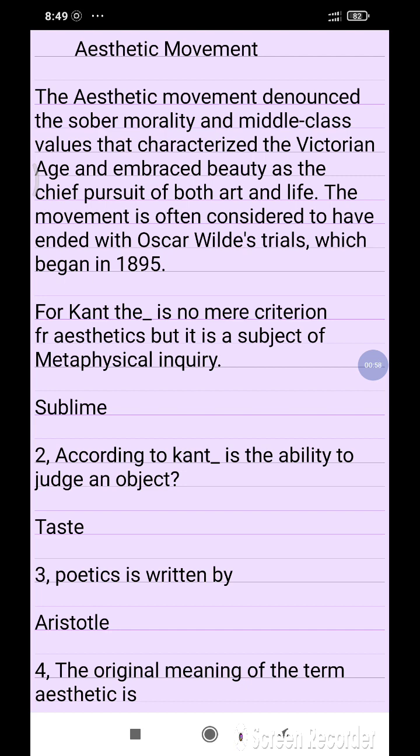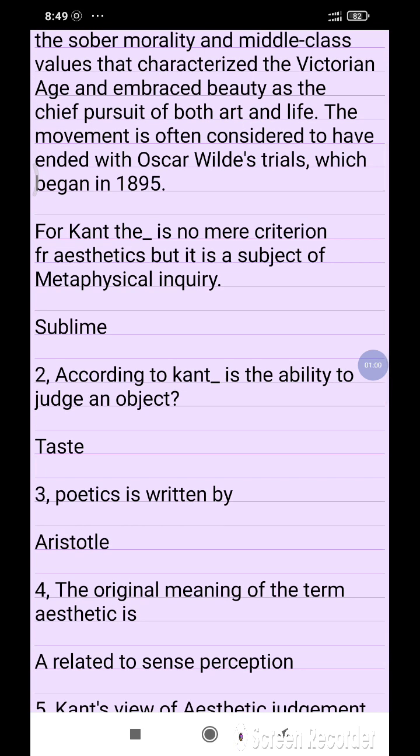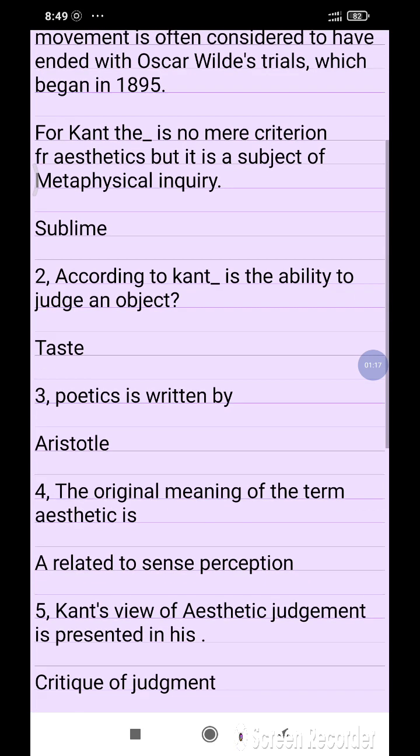For Kant, the sublime is no mere creation for the aesthetic, but it is the subject of metaphysical inquiry. Sublime, according to Kant, is the ability to judge an object of taste.